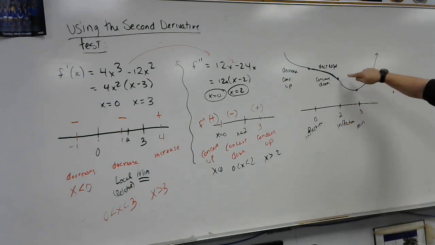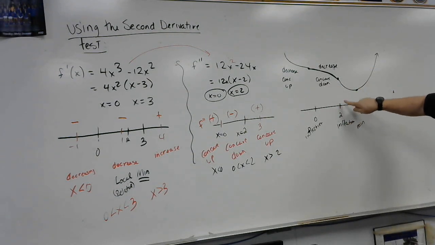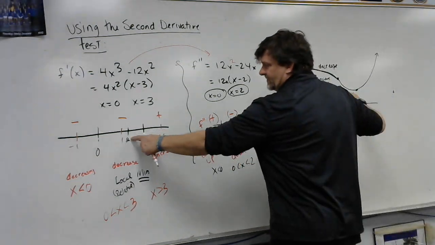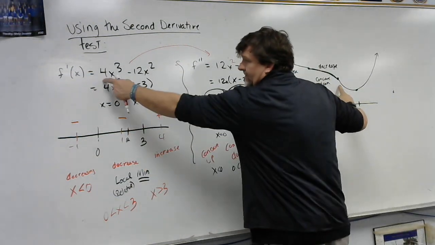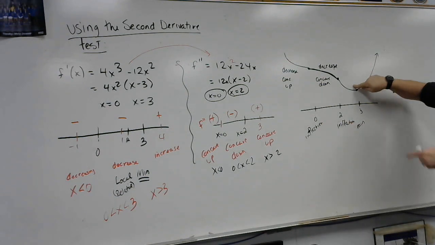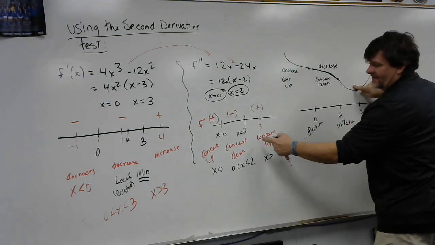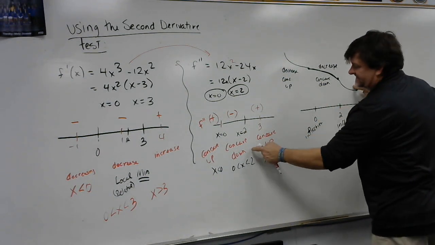And then I'm looking at this here, my next inflection point, which is at 2. It's still decreasing according to the first derivative test, but then it's got to be concave up according to the second derivative test.